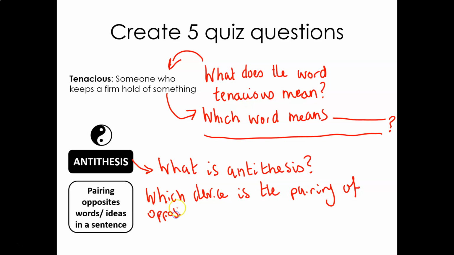Oh, my pen's struggling here. Okay. So again, there are two ways for me to test myself on the knowledge, and both answers can be found directly in the knowledge organiser.